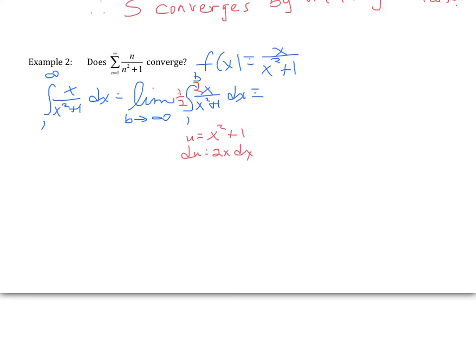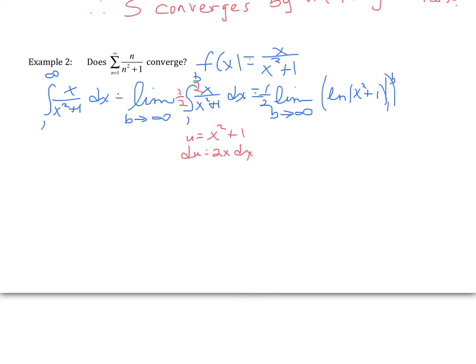So this is simply going to be the ln, let's do the limit as b approaches infinity of the ln of x squared plus 1, and we've got that 1/2 we need to put in there, and instead of having it inside the integral, I'm just going to stick it out front because I can multiply it by the limit at the end, and that's fine. That is a legal maneuver, and it's going to be evaluated from 1 to b.